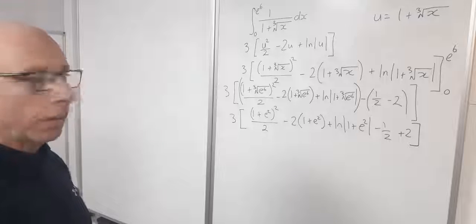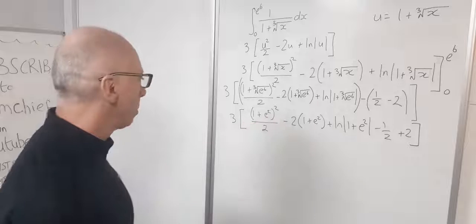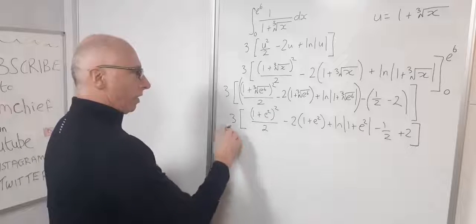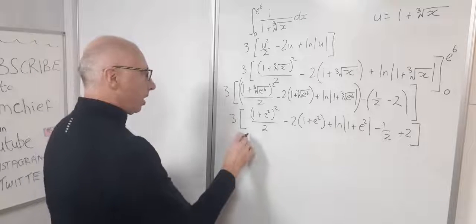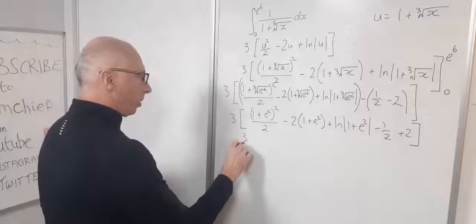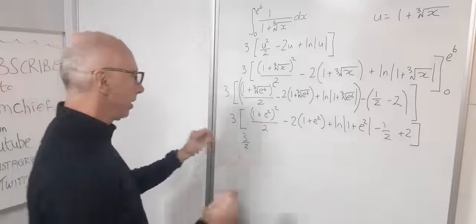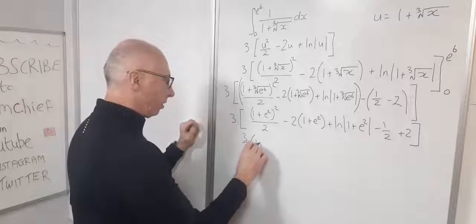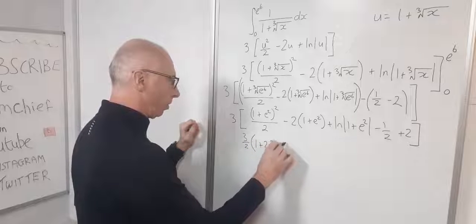Okay, now let's try and distribute the 3's and see what we can do with this squared term as well. So now let's multiply everything by 3. So we've got 3 over 2, that would be this one. And then 1 plus e squared, that's going to give me 1 plus 2e squared plus e to the 4.